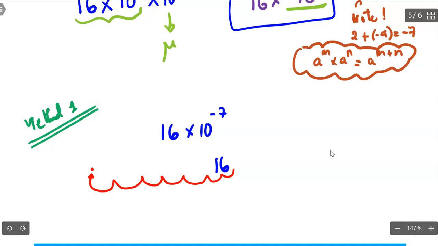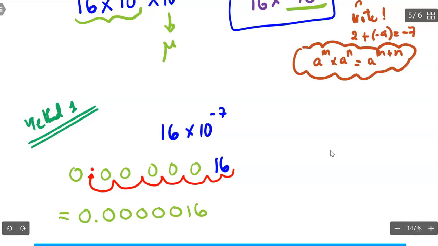So the number is 0.00000016. So I have 7 numbers after the decimal point.